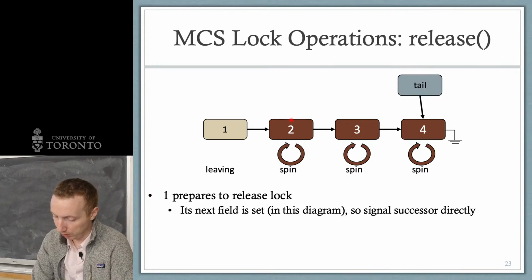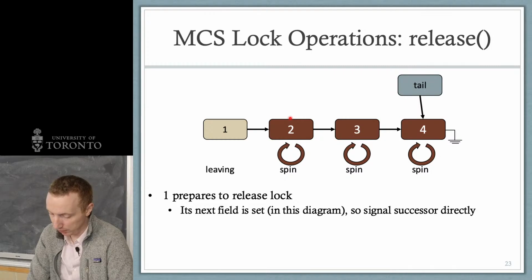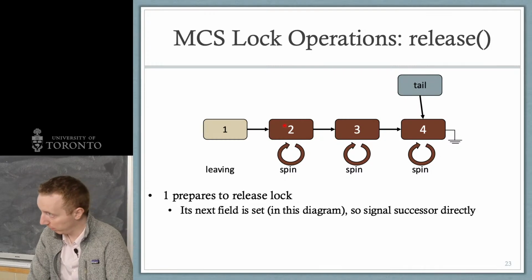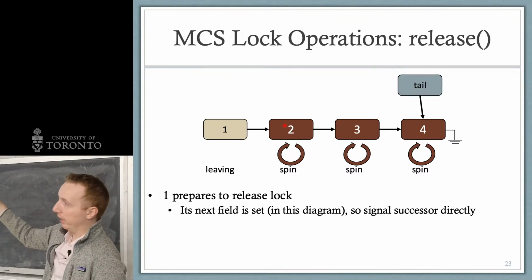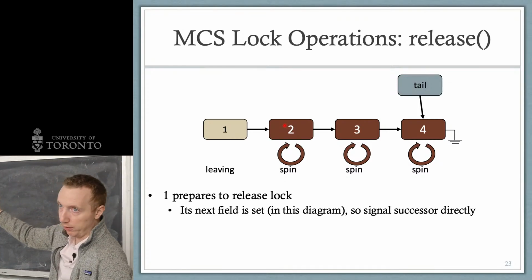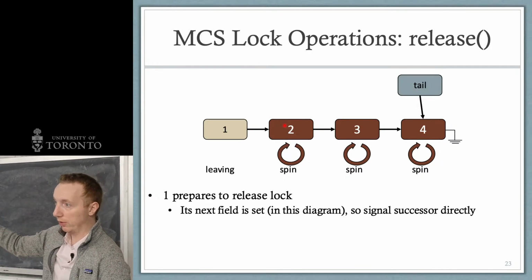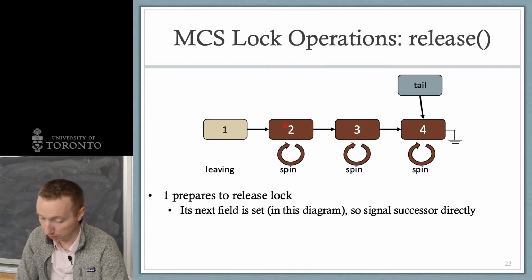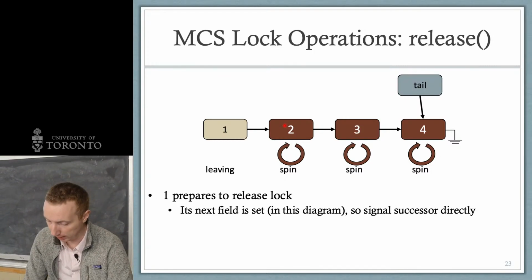So thread 2 should be the next one to get that lock. So all I have to do is read my next field, it's thread 2, and then I would signal it directly, aka I would change its lock value from a 1 to a 0. So I would unlock it so it can actually acquire that lock by doing the normal test and set thing.